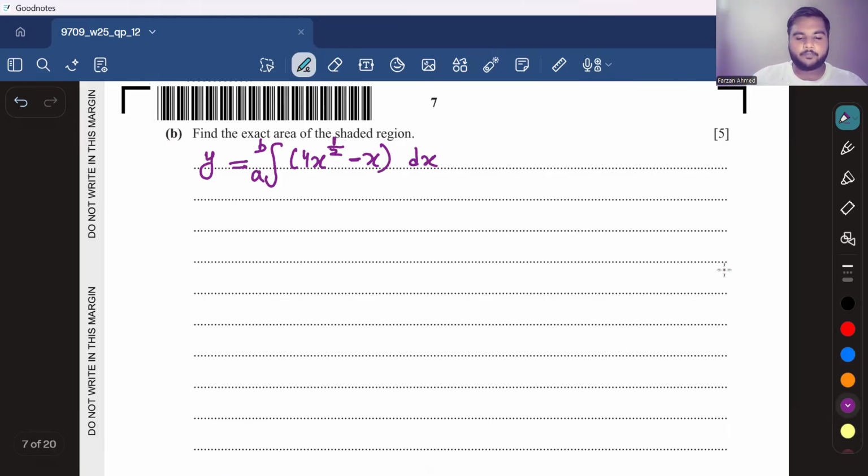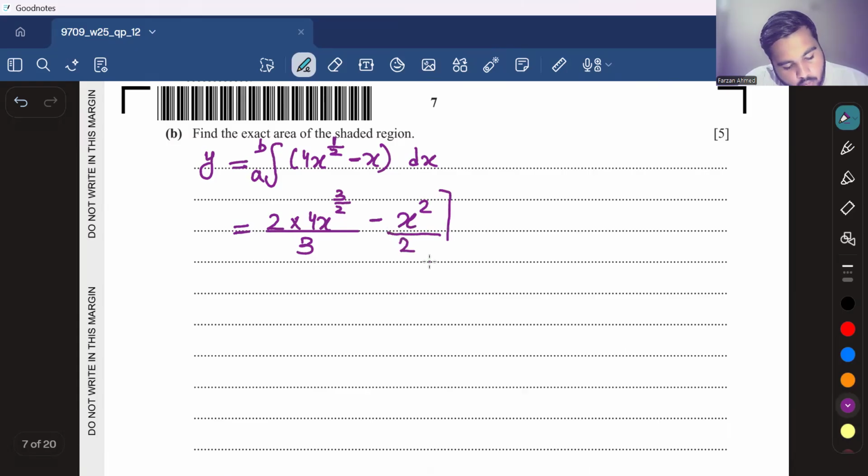Now what we will do? We will do 2 multiplied by 4x to the power 3 upon 2 over 3 upon 2, and minus x square over 2, in square brackets with the limits b comma a.